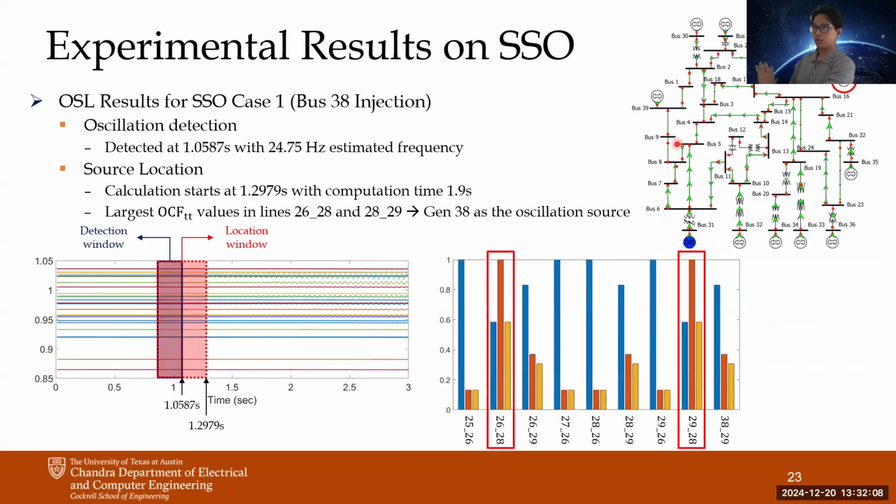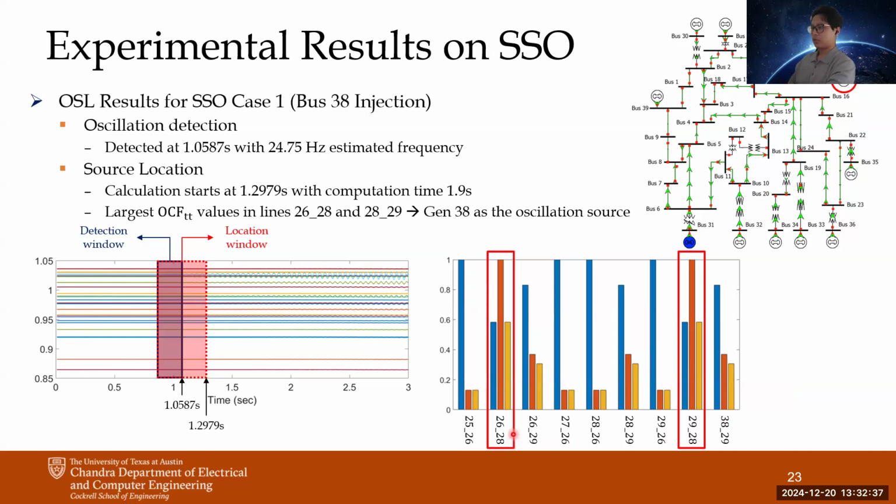Based on these strategies, these are the experimental results on the subsynchronous oscillation case. As I mentioned, we injected the forcing signal at 1 second, and the oscillation was detected at about 1.06 seconds. By extending the source location window, we analyzed these measurements, and the OCF values are represented in this figure.